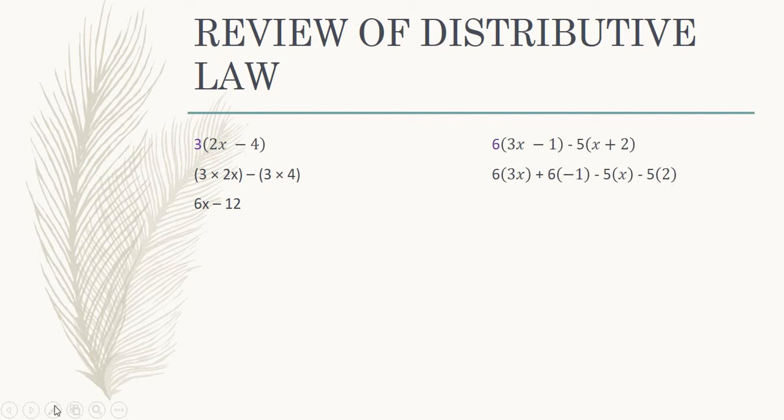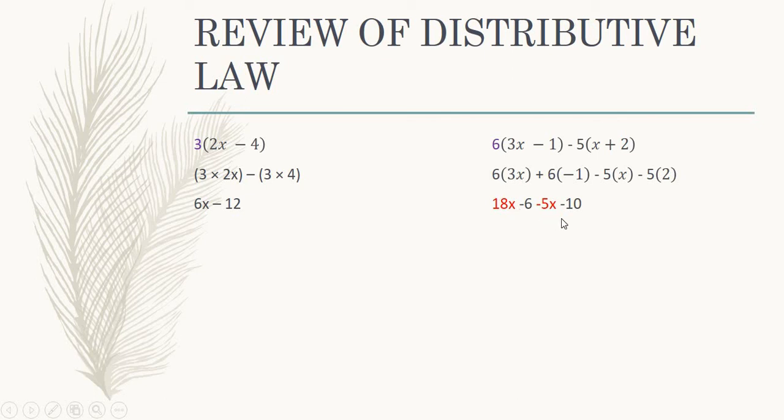Alright? And then when you simplify this, 6 times 3x gives you 18x, 6 times negative 1 gives you minus 6, minus 5 times x gives you minus 5x, and minus 5 times 2 gives you minus 10.